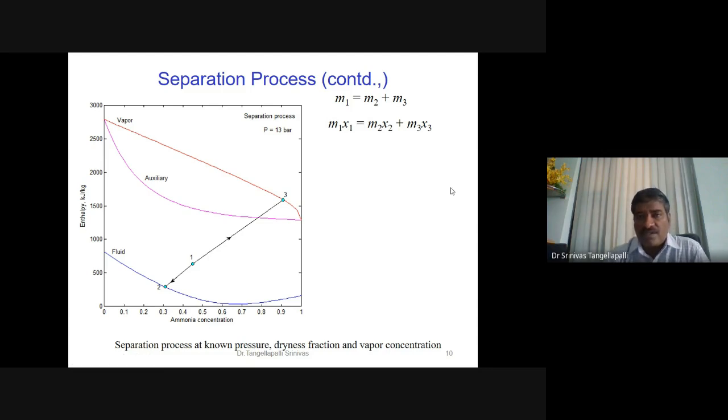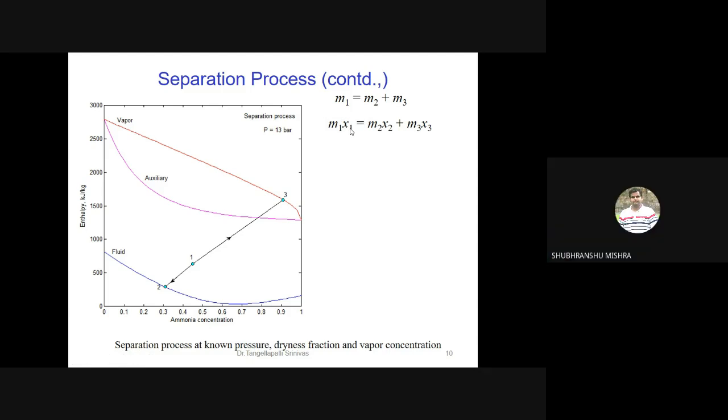Kilojoules, not kilojoules per kg. Are you clear? Similarly here also, x is the specific mass of ammonia, which we are calling concentration. Once it is multiplied by the total mass, you will get the total quantity of ammonia. Are you clear about the meaning of M into x?